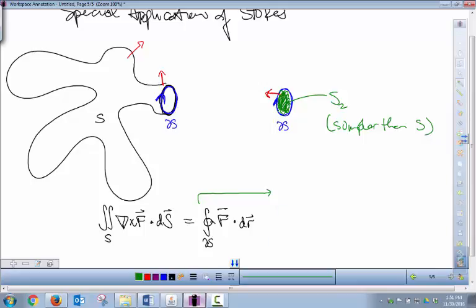Right? According to Stokes theorem, this line integral over the closed curve is equal to a double integral of the flux over that new surface that we just created that is way easier to think about than the first surface that we had.